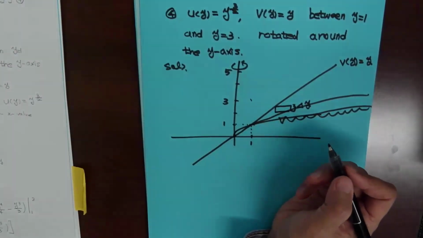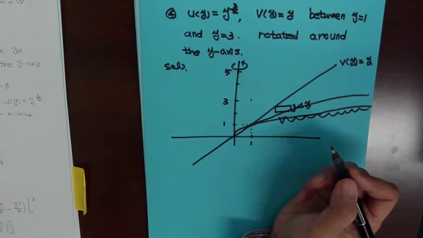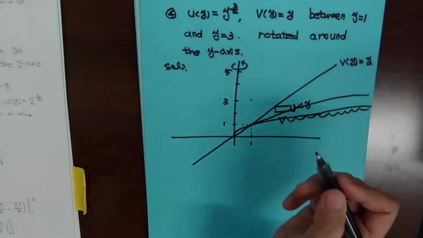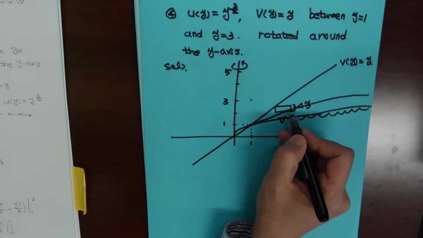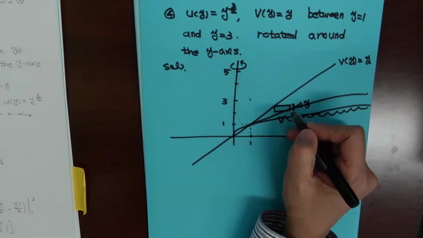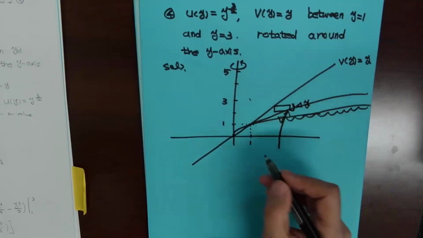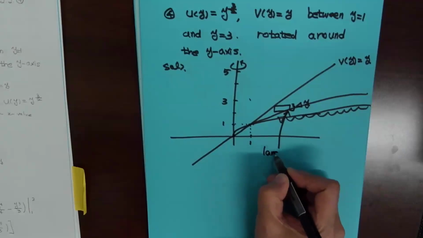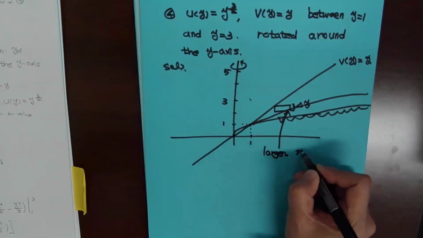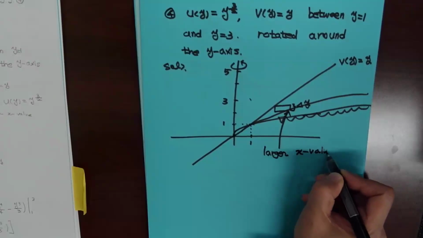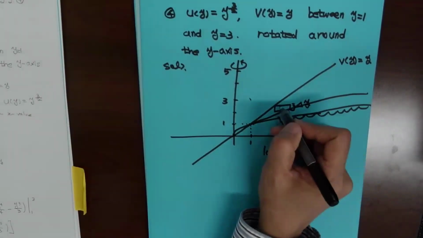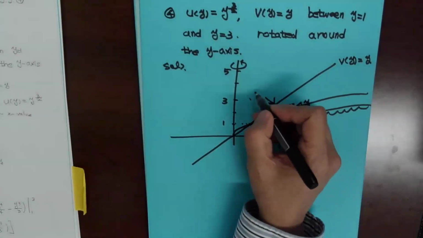So what can we say about this? We think about this one and this one. This one is larger, the larger x value, and this one is smaller.